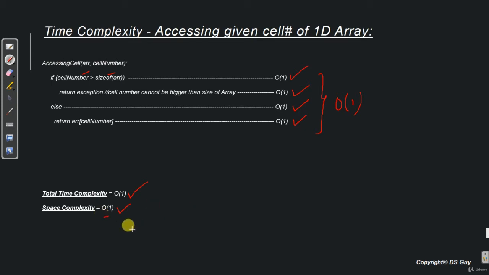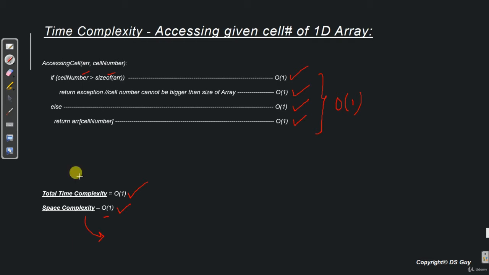Now till now we have seen that in most of the cases our space complexity has always been order of 1. It has never been anything apart from that. So please don't assume that it will always be order 1. As we progress with the course, we will see a lot of examples where the space complexity is either order of n or n square or even more than that. So please hang on, we'll see those examples as well.